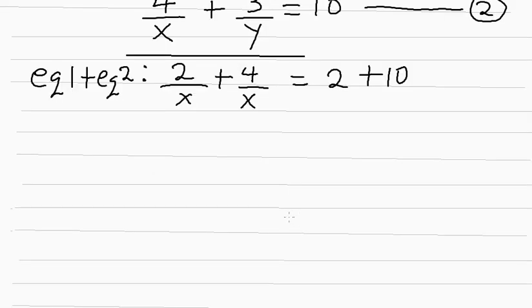So of course, the way to solve this now is to use the LCM, or you can multiply through by x. If I multiply this by x, because I want to eliminate the denominator, x cancels x, I'm left with 2.